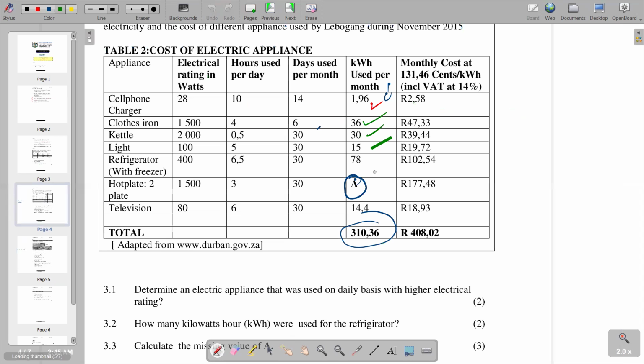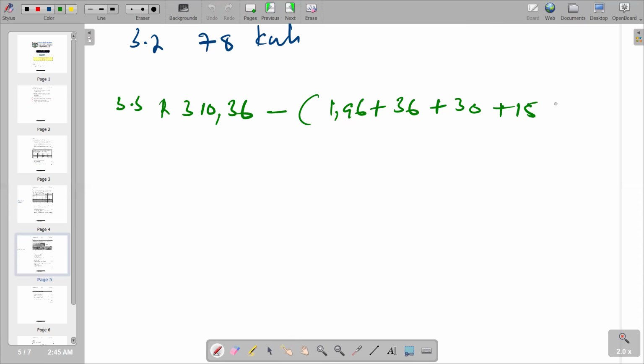We add 78 and 14.4. So with that, we see that the answer that we are going to get, we try to calculate as such and see where we are going to arrive at.